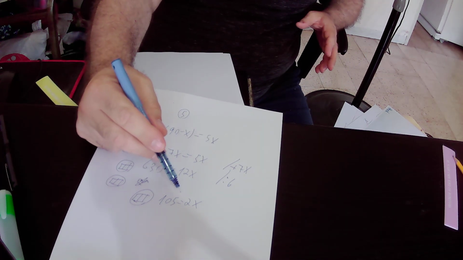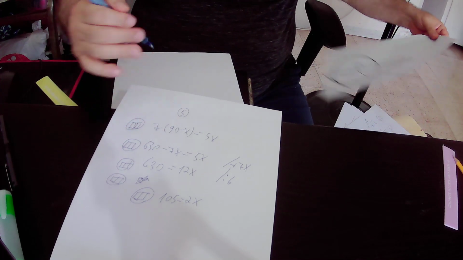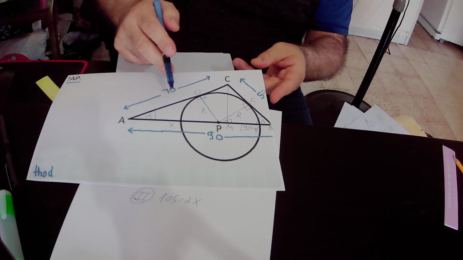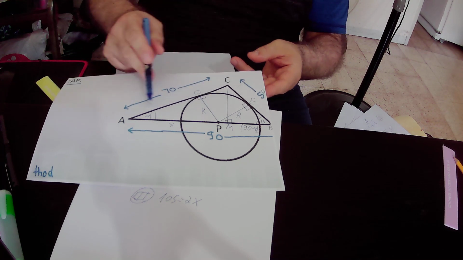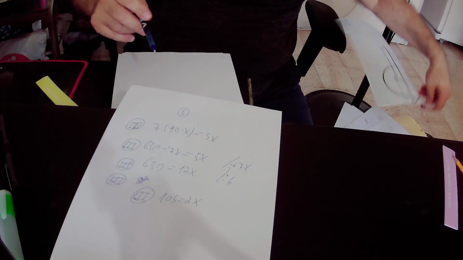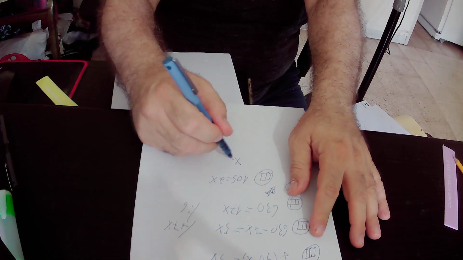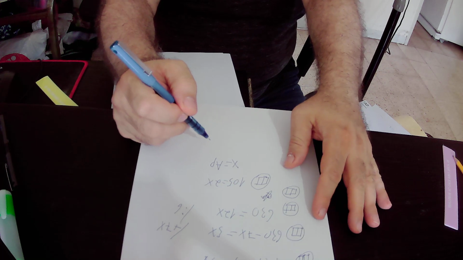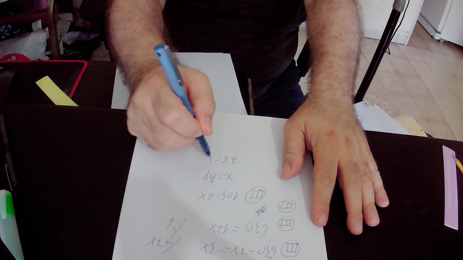So actually we have the equation that 2x equals 105, but we defined x as AP. x equals AP according to our definition. Yes? So for that reason 2x equals 2 times AP.